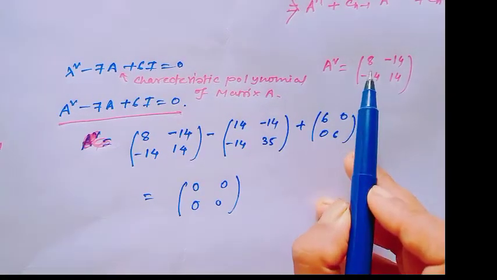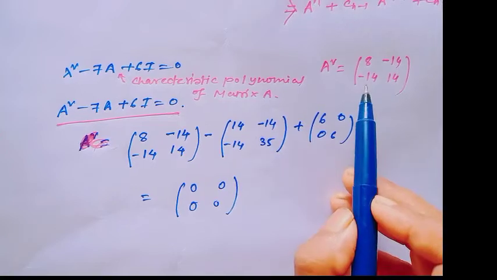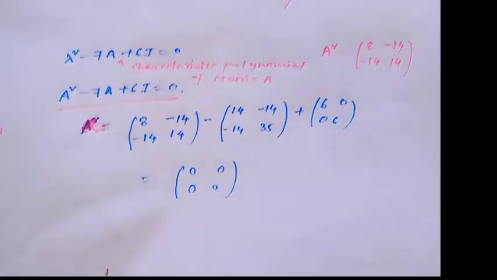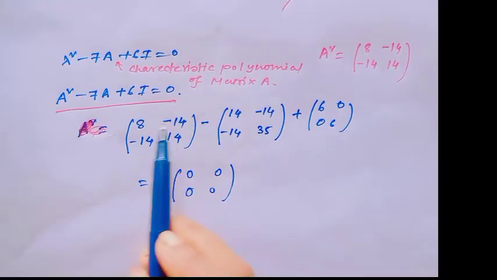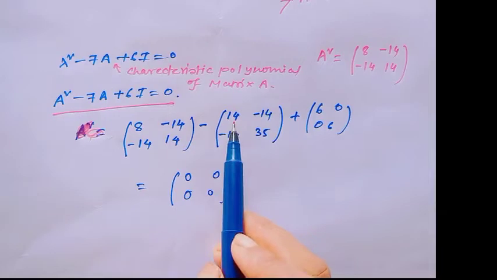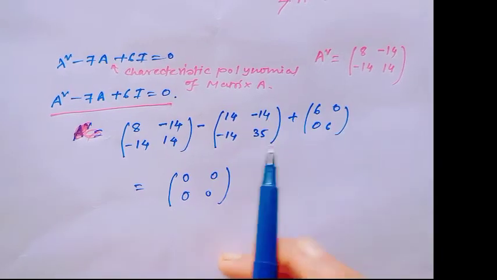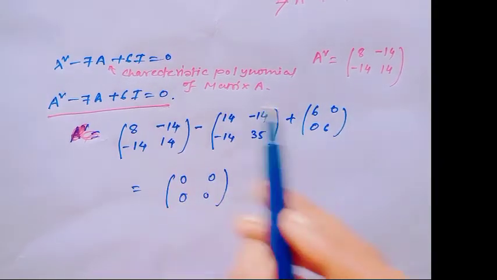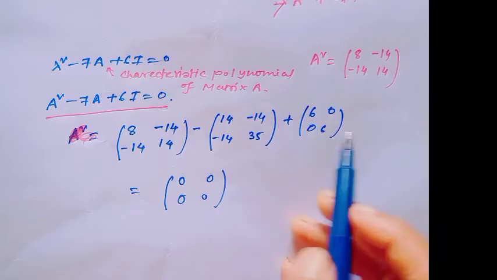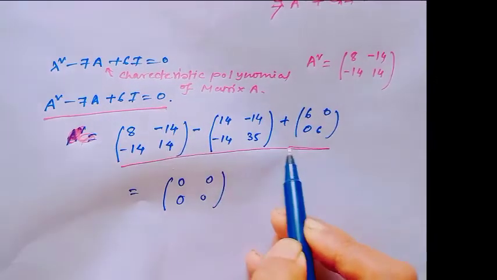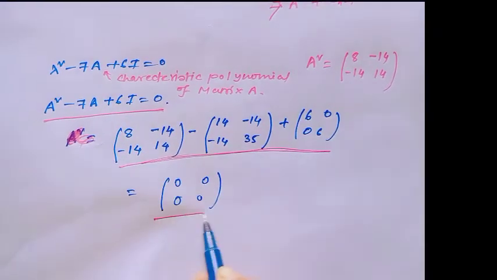A square means this matrix, A square minus 7A means this matrix, plus 6I means 6, 0, 0, 6, and calculate this value. This value would be always the zero matrix.